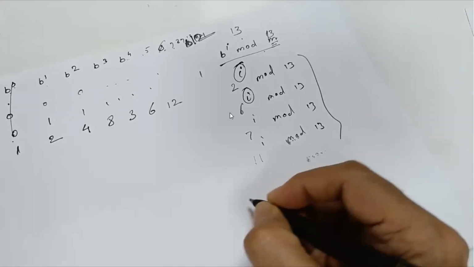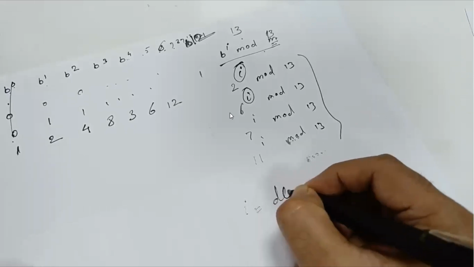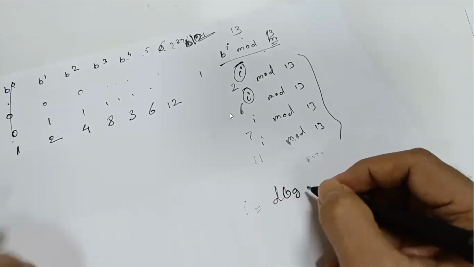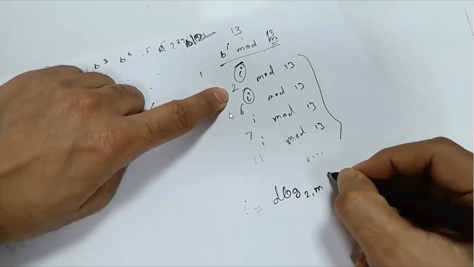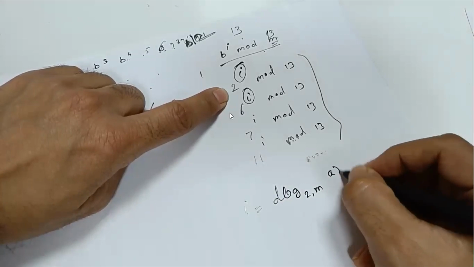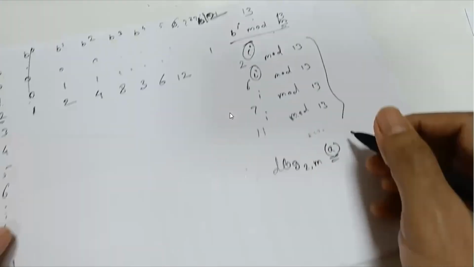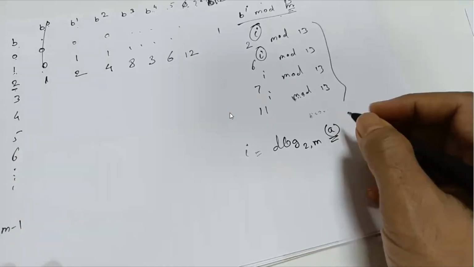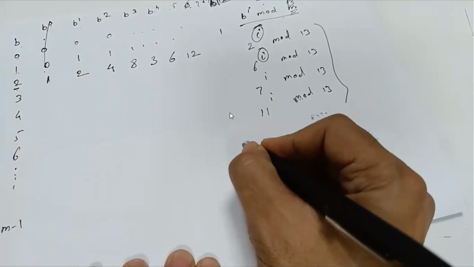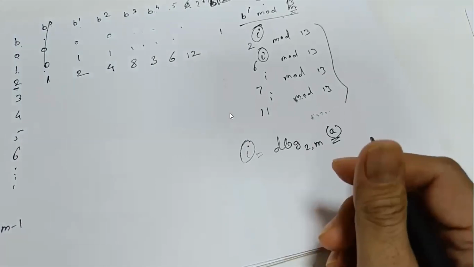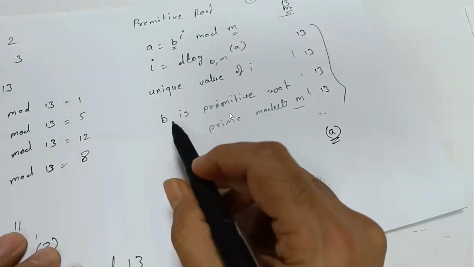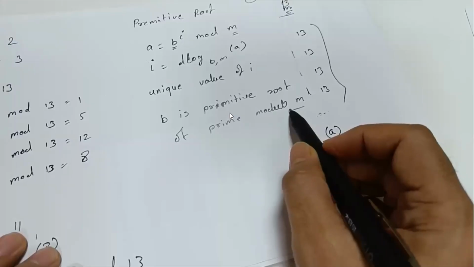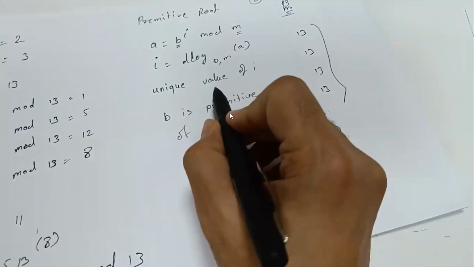And what is the i value here? i is the discrete log of A with base B modulo M, where A can be any value. But the condition that we have just written is: if B is a primitive root of M, then and only then can you have a unique value of i.